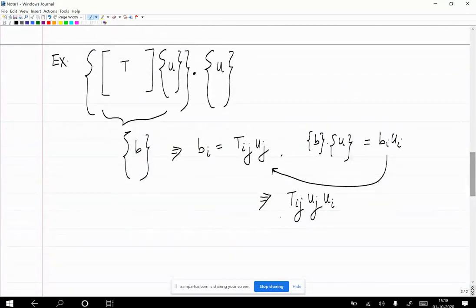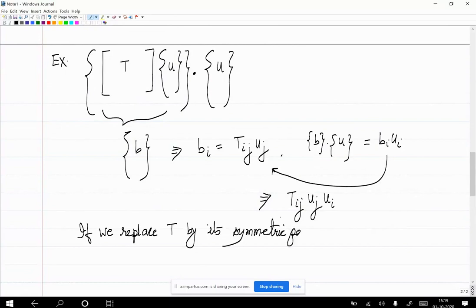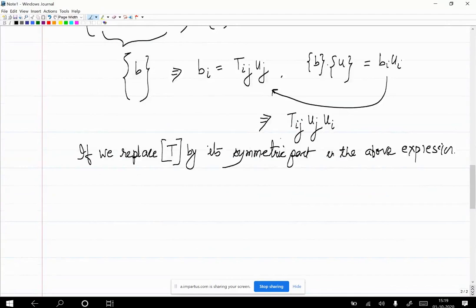Okay. Well, this is not it. We have to prove that if we replace T by its symmetric part in the above expression, the result is unaffected.